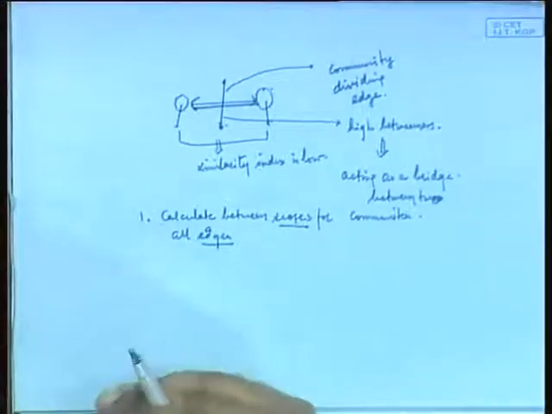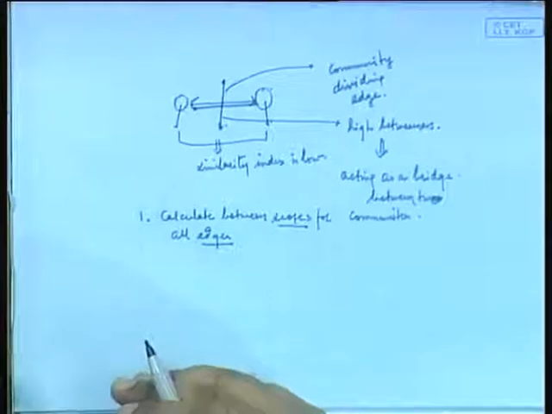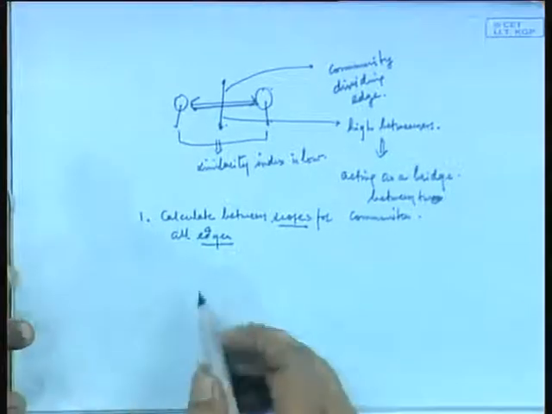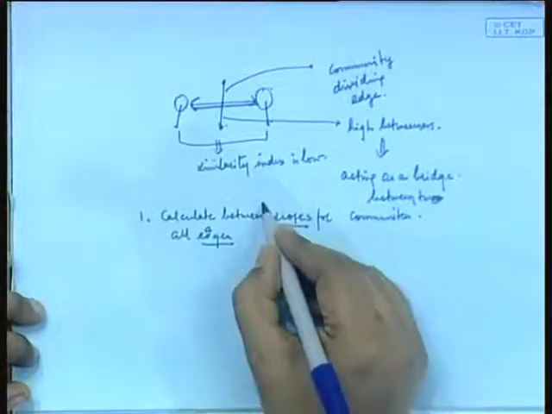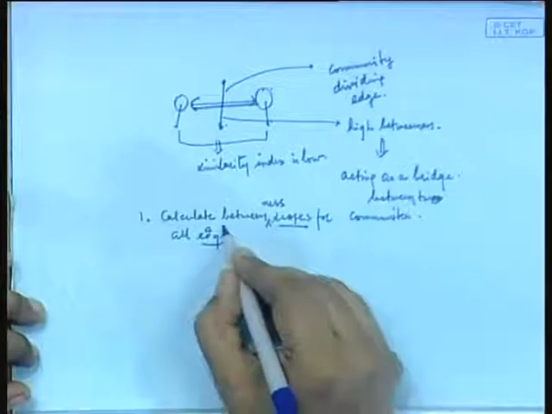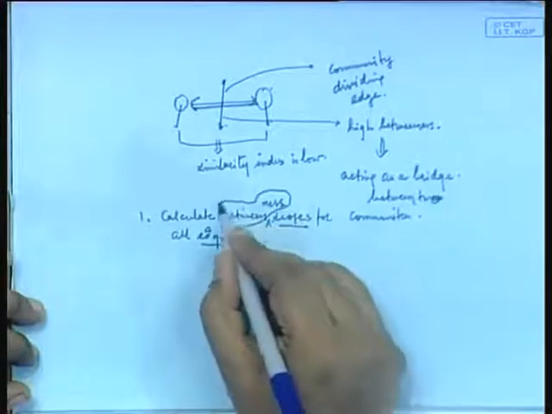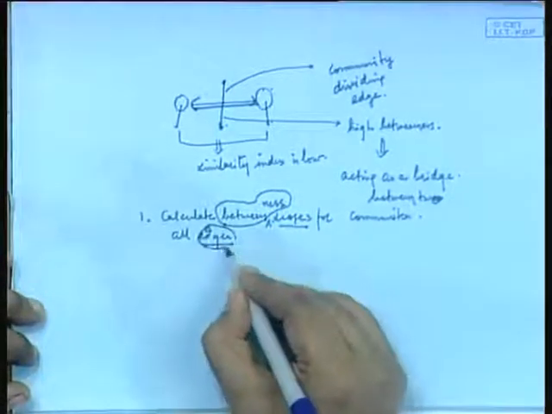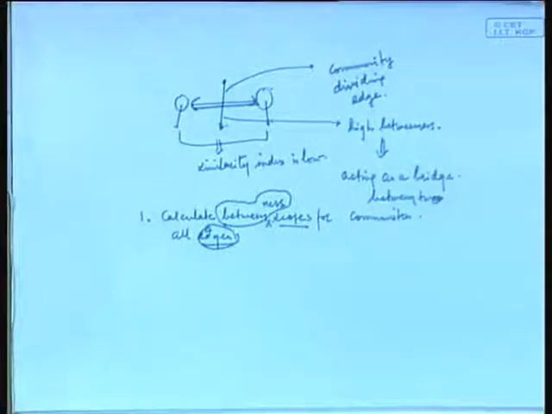When we previously talked about betweenness centrality, it was upon nodes. But here we are actually calculating the betweenness of edges. So this is a little different from betweenness centrality, just keep this in mind.